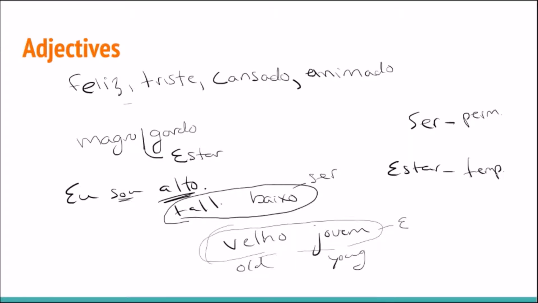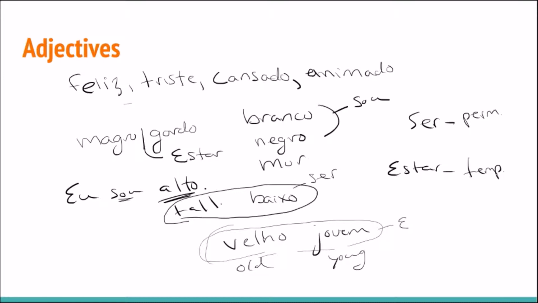And let's do some more. How about this? These are for skin color. Branco is white, negro would be black, right?